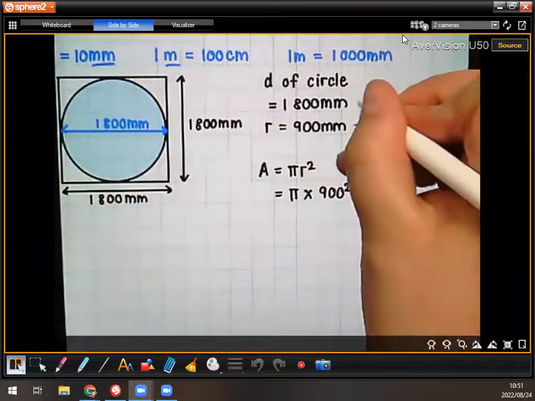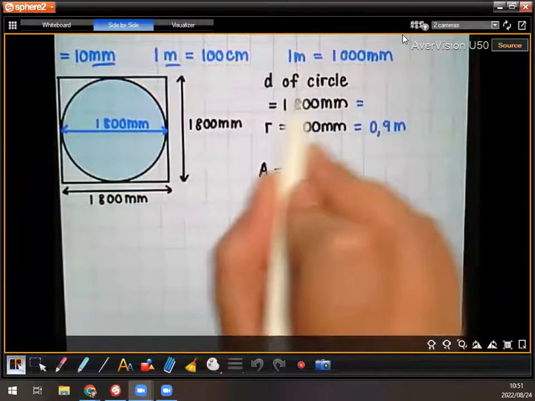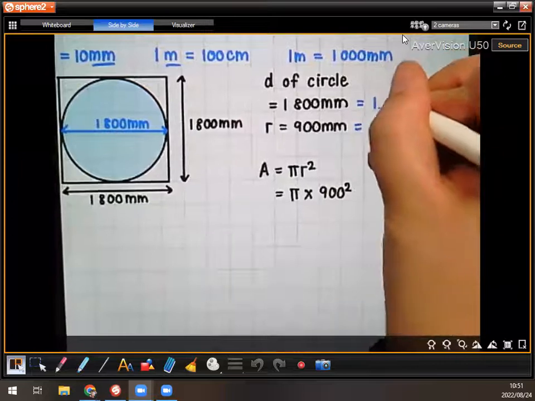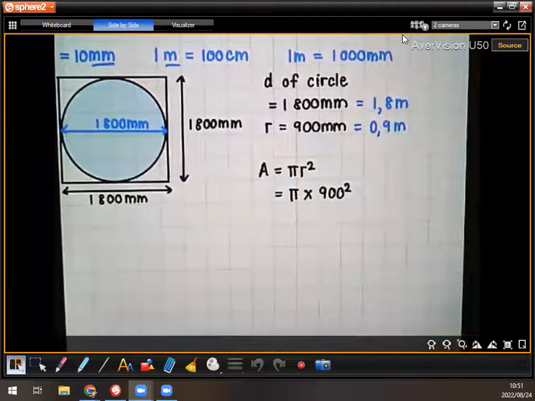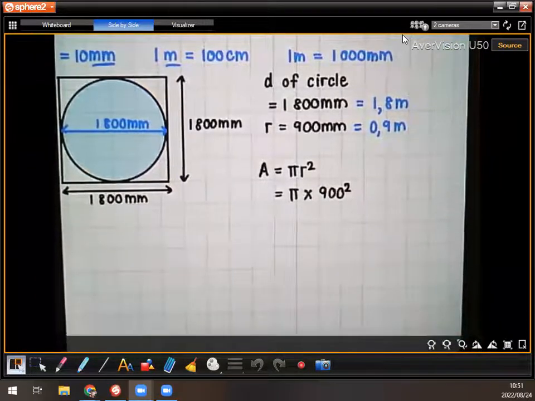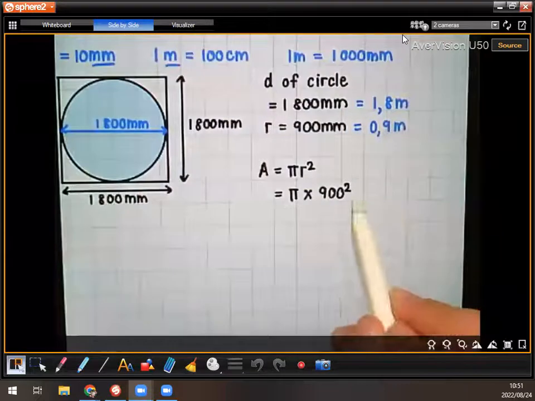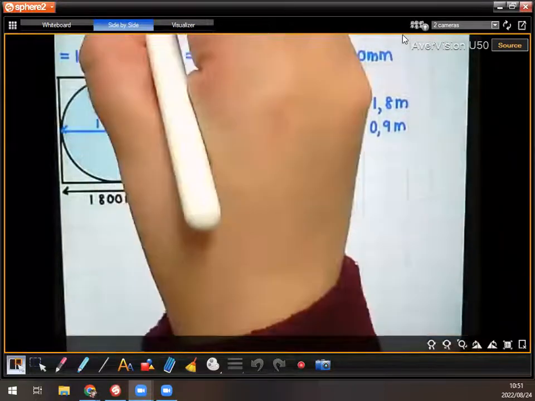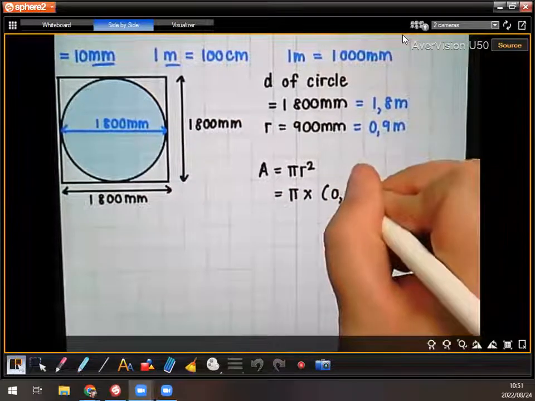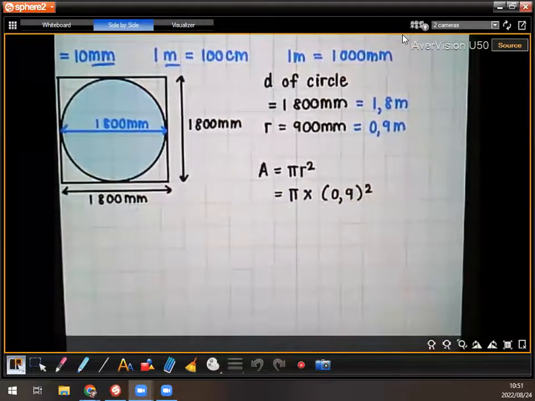And if you want to, you could actually have done this here because this would make it a bit easier. 1,800 millimeters, how many meters is that? 1.8, right? And then that's maybe even easier now. You're just going to divide 1.8 by 2. Okay. Sorry, I didn't notice that when I read the question. So my apologies guys, you'll have to change this quickly, this is actually going to be 0.9 squared.